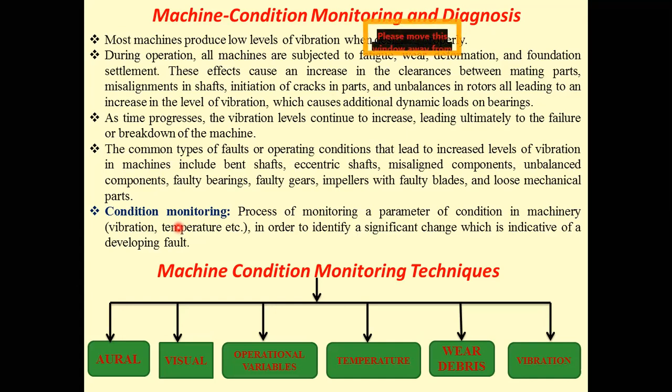There are generally three types of maintenance schemes or techniques used in machine maintenance. The first type is breakdown maintenance, the second type is preventive maintenance, and the third one is condition based maintenance. The most important topic in today's lecture is machine condition monitoring.